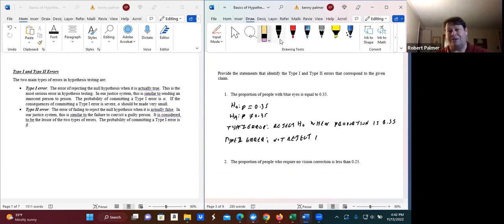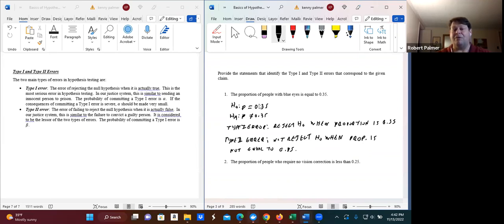I apologize, my writing is not the best today. The type 2 error would be to not reject H0 when the proportion, which I would abbreviate, is not equal to 0.35. In other words, we fail to support the claim.